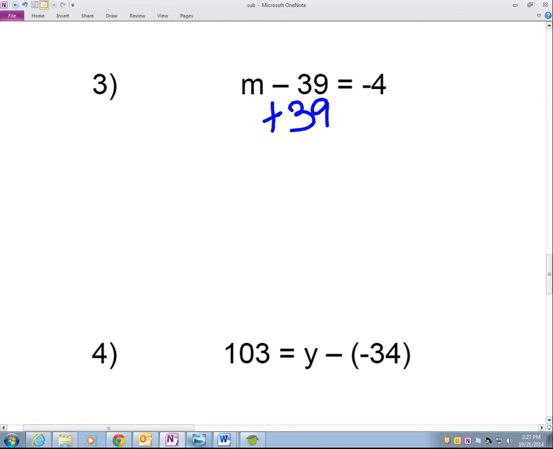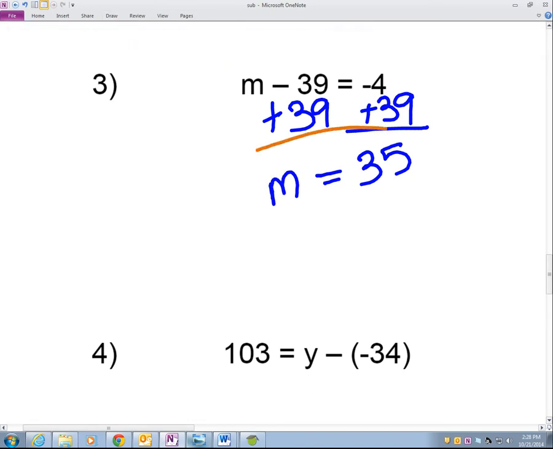And because you want to be equal, because not being equal is bad, you want to add 39 to this side as well. We have negative 4 plus 39 is equal to positive 35. We have M equals 35.